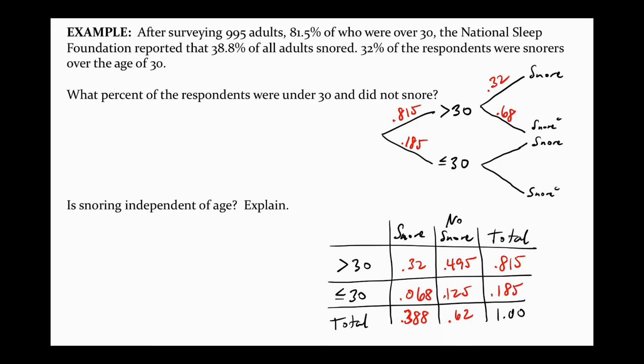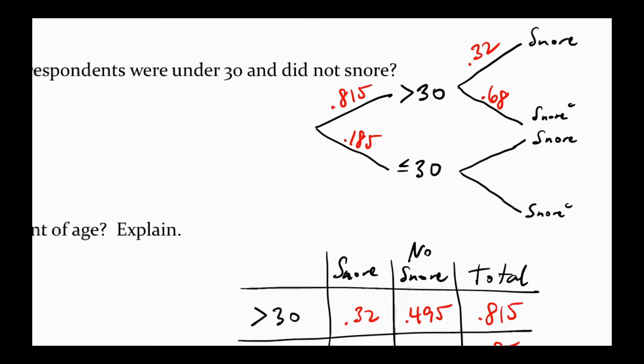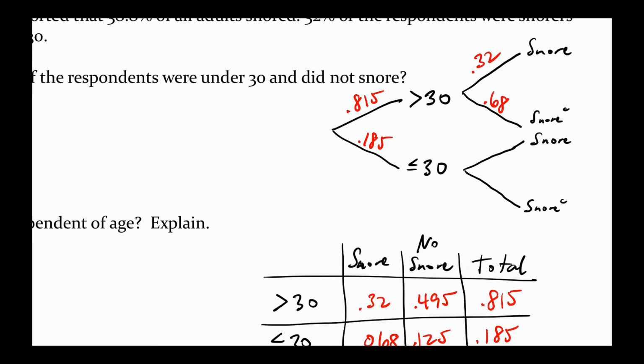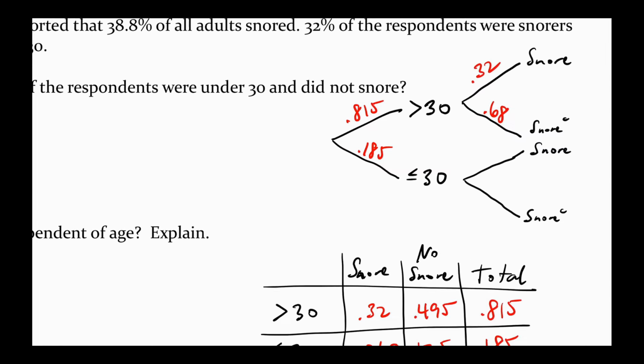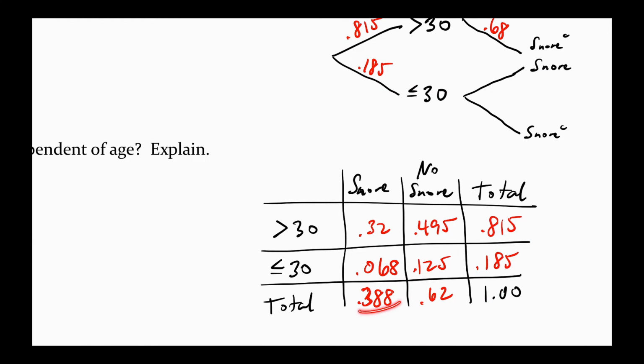Okay. So then snores. So here's the thing though. How do I get this number and this number here? How do I get these two numbers? So 0.388.